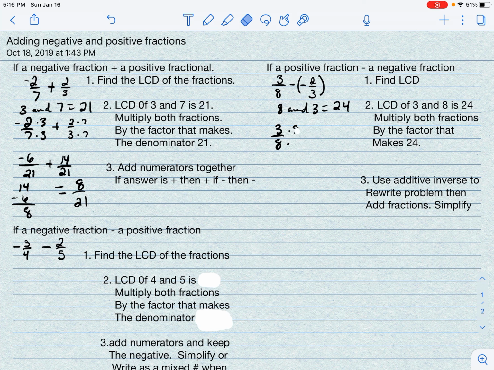Nope, sorry, that one's times 3, because 8 times 3 gives us 24. Okay, minus, and this one's going to be a negative 2/3. This one we're going to multiply by 8. Okay, so this gives us 9/24 minus, and this would be a negative. So 8 times 2 is 16 over 24.